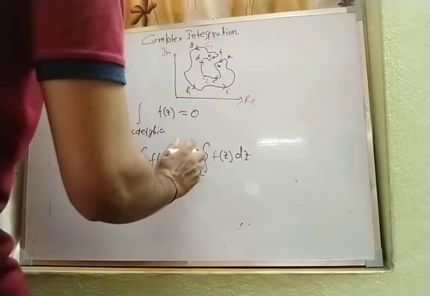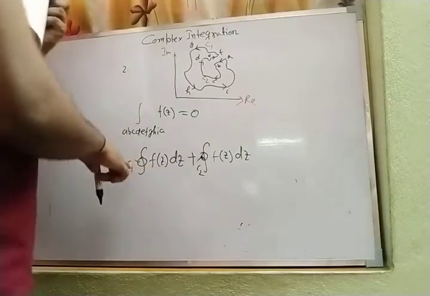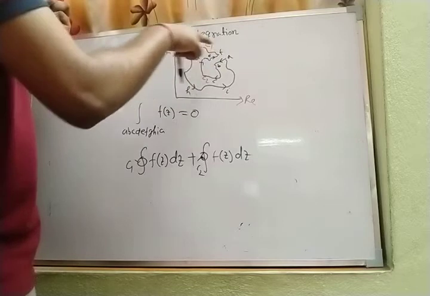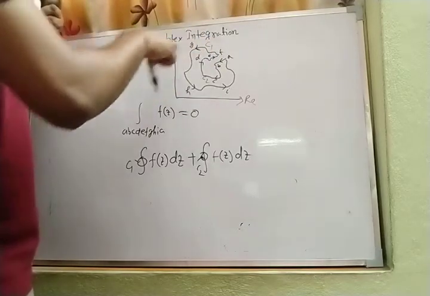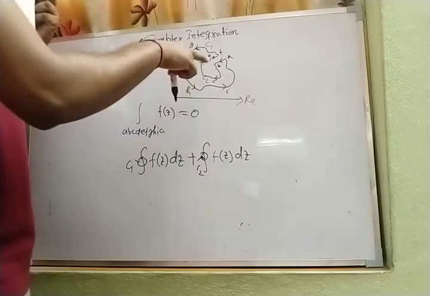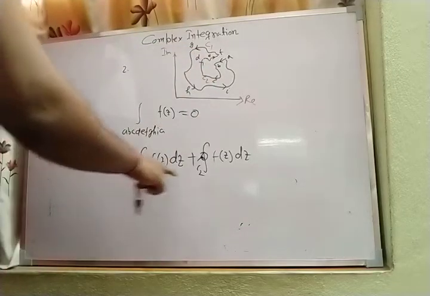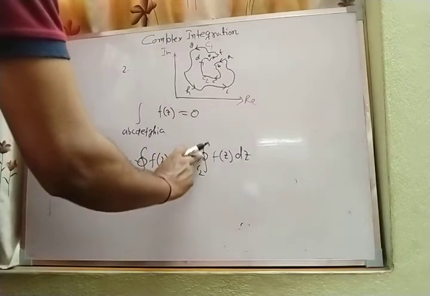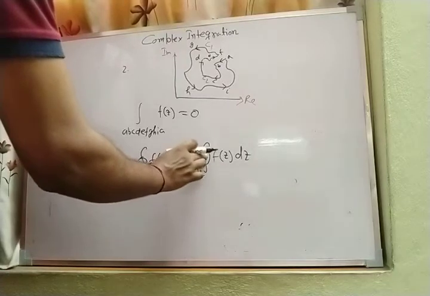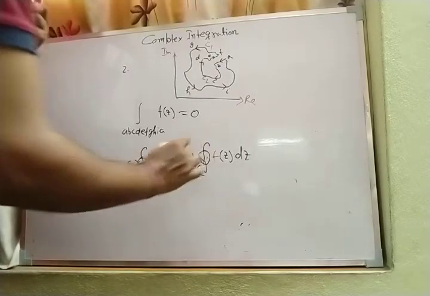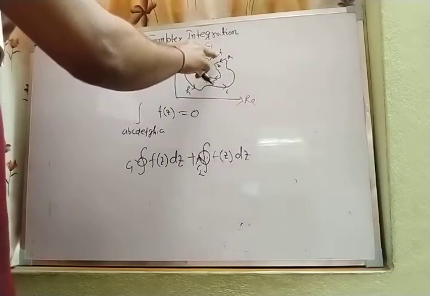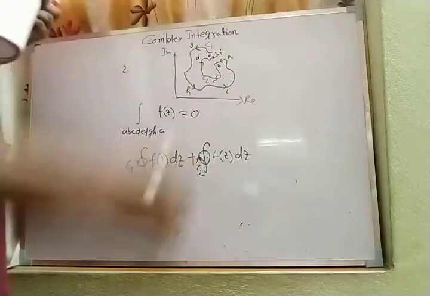Remember the sign of this curve C1 and C2 are opposite because these are coming from this, so it is anti-clockwise and this is clockwise C2. Okay, so C1 is anti-clockwise and C2 is clockwise. This is clockwise direction. Okay, and two parts are there, integration E to F and A to B.